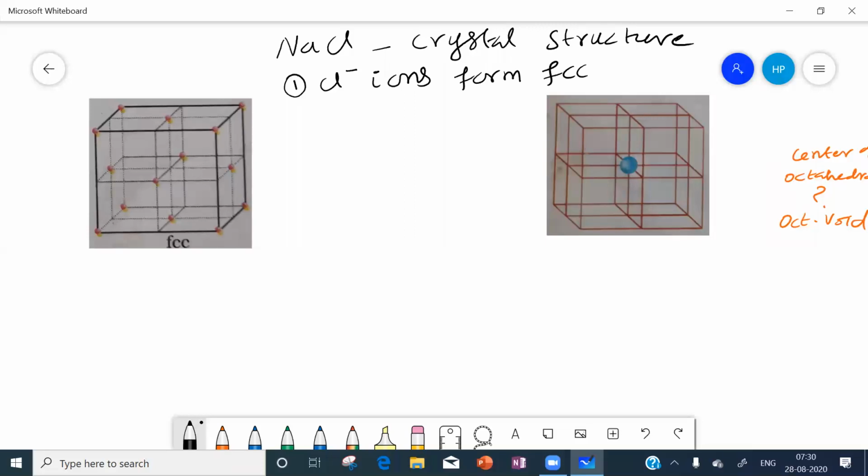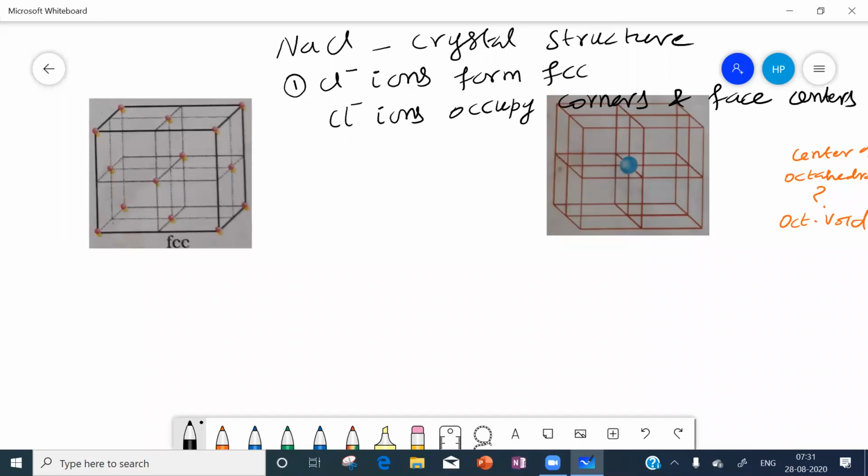That means Cl minus ions occupy corners and face centers.